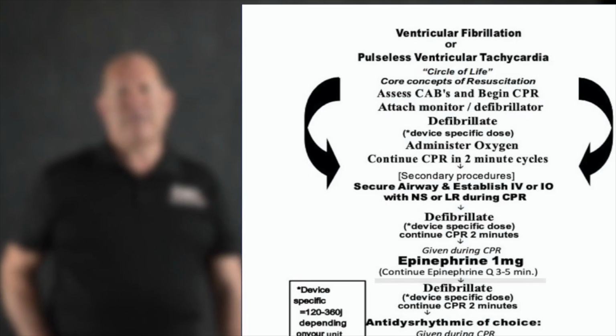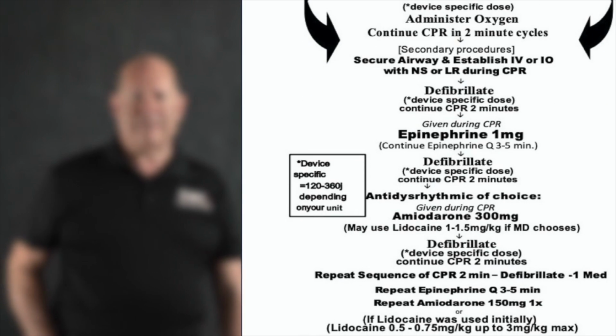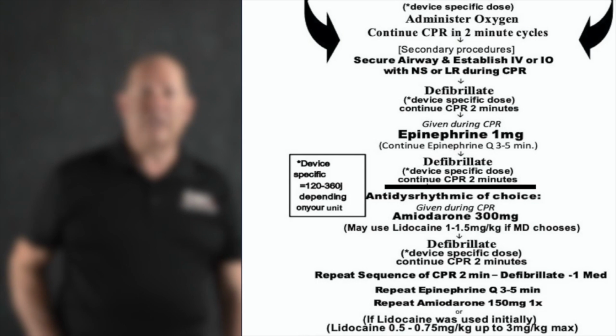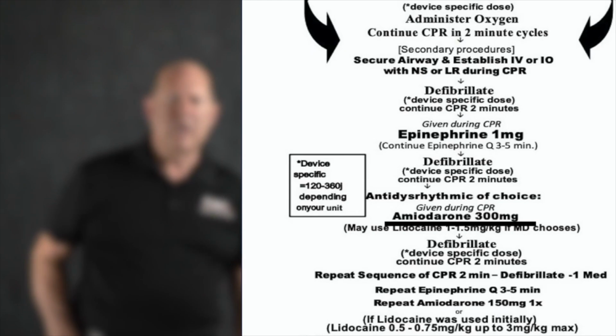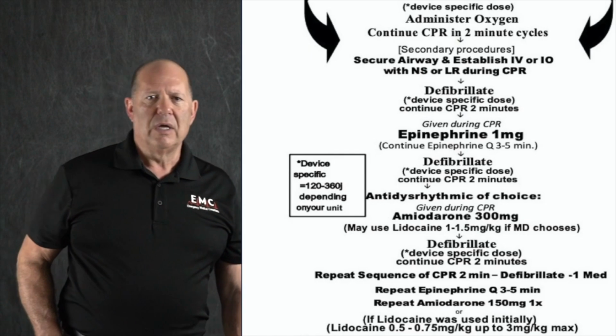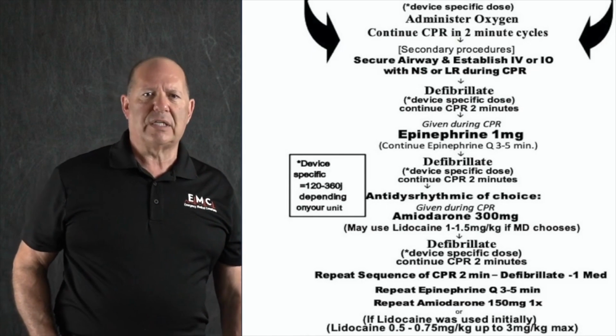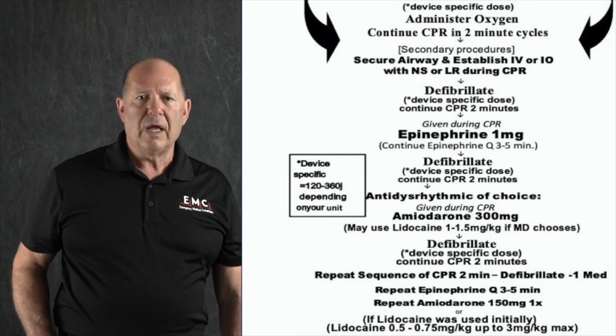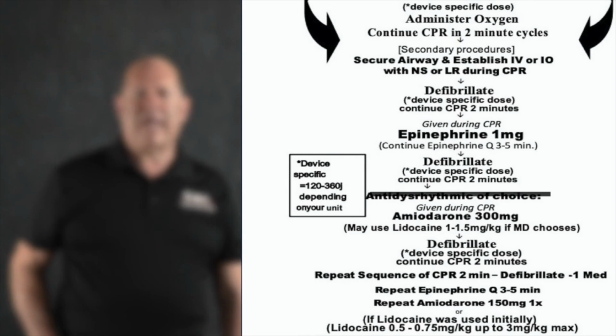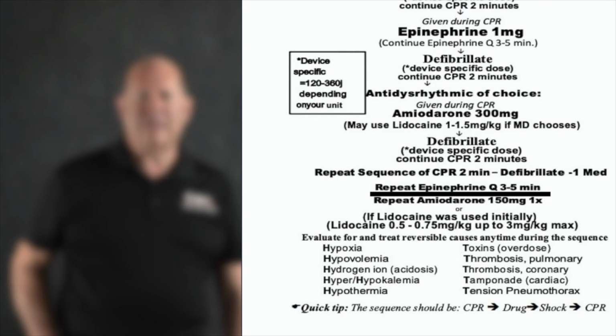After 2 minutes of CPR, reevaluate the patient again. If he's still in ventricular fibrillation, defibrillate. Hopefully your energy was already charged, and give him 300 milligrams of amiodarone that hopefully was already drawn up for you. So understanding the algorithm with the 2 minute sequences gives you plenty of time, even if you had to look some of this up on a reference card. In your next 2 minute cycle, the patient will get epinephrine and a defibrillation, provided he stays in ventricular fibrillation.